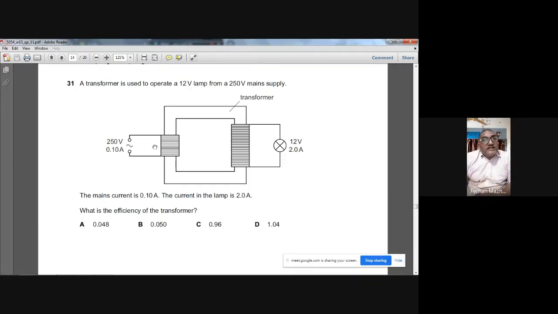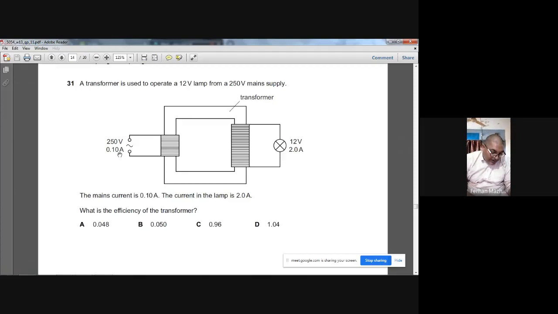On the input side, the primary coil side, the voltage is 250 volt and the current is 0.1 ampere. So I can very easily calculate the total input power. The formula for power is IV.